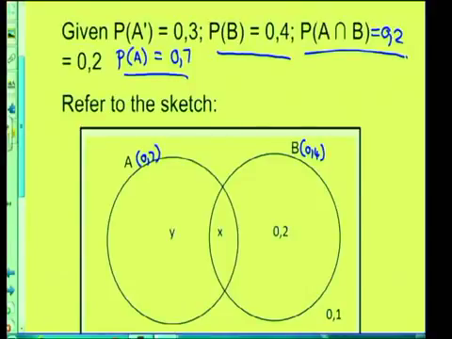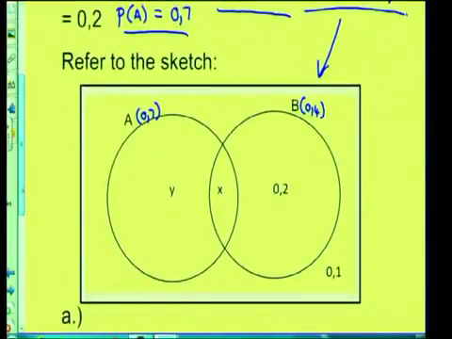And the probability of A intersection B is 0,2. Notice over here they've got a 0,1, which means the 0,1 does not belong to either A or B. Now, what do we know about probability? We know that everything must add up to 1. So in this case, we need to go and work. Now, I'm sure they're going to ask me to find X and Y. Let's see. Yes, it says find X and Y.